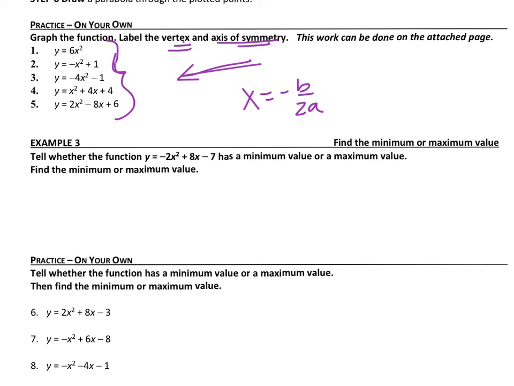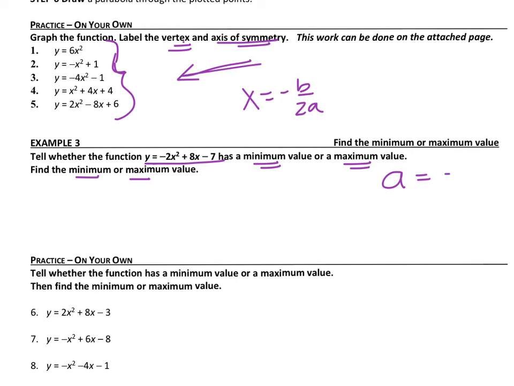And then we have one last example here. It says tell whether the function y equals negative 2x squared plus 8x minus 7 has a minimum value or a maximum value, and then find that minimum or that maximum. So basically they're asking us to find the vertex here. If we look at our a value, this is going to tell us if it's going to be a maximum or a minimum.